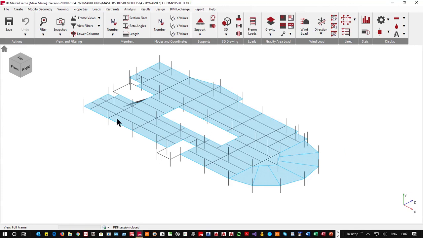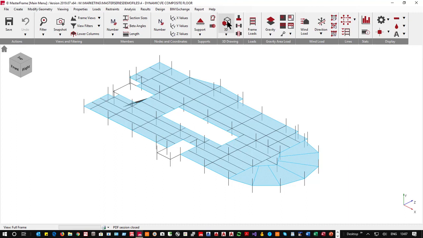The next thing we want to think about is the columns themselves. Now the columns can either be full length and fixed at the ends, or half length and pinned. I've gone for half length and pinned just to make my life a wee bit easier.